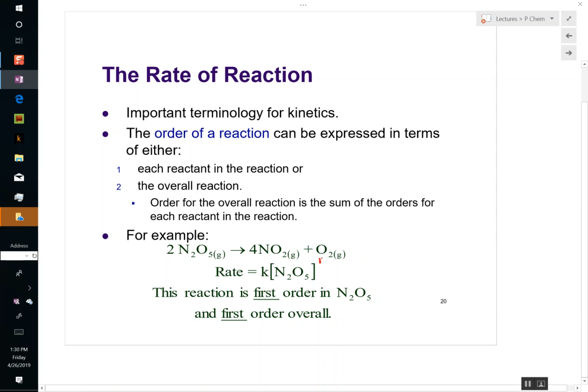In your problems, even if it's a first order reaction, you might want to indicate that. So because the exponent on the N2O5 is 1, we would look at that and say the reaction is first order in N2O5 and it is first order overall. There's no second term here, there's no other coefficient. So that is a first order reaction in N2O5.